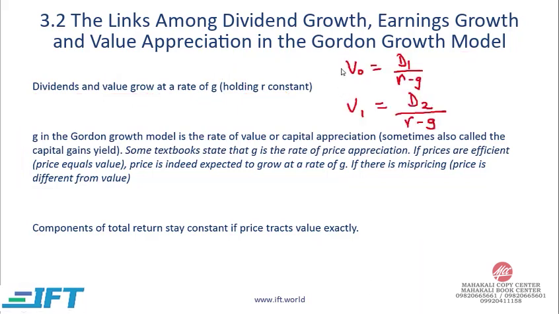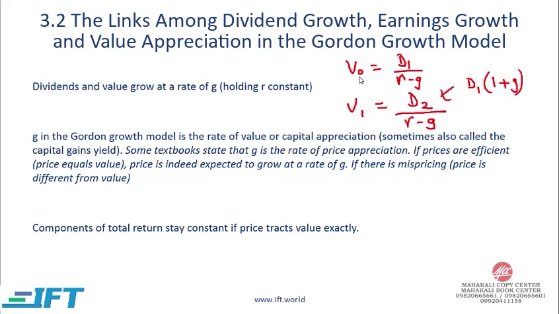So here is a simple interpretation. The value at time 0 based on the Gordon growth model is D1 over R minus G. And remember, we are assuming that R and G stay the same. What is D2 and at what rate is the dividend growing? D2 is simply D1 into 1 plus G. So the dividend is growing at a rate G.